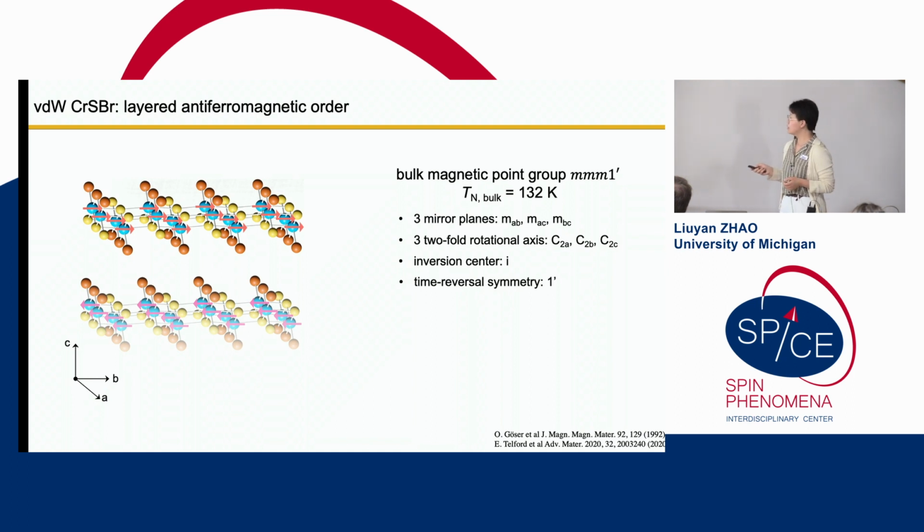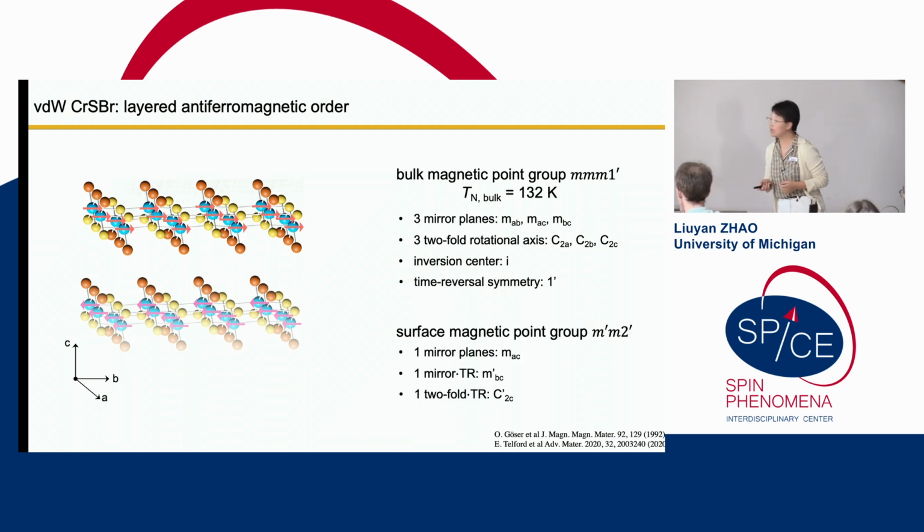All the point symmetries are exactly the same, mmm, and in addition we emphasize the presence of time reversal symmetry in the bulk, because if we do a time reversal operation with a translation of one lattice constant along the c-axis, we restore the magnetic structure. In optical measurement we cannot probe that translation of one lattice constant. In other words, the time reversal symmetry for this magnetic phase is effectively present for any optical measurement. Then we look at the surface.